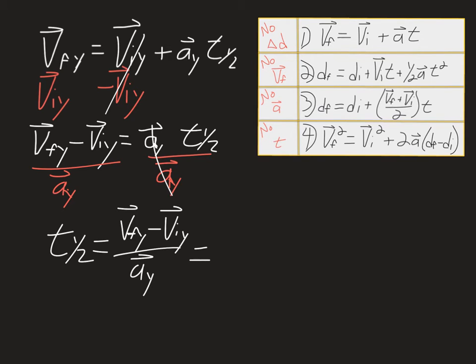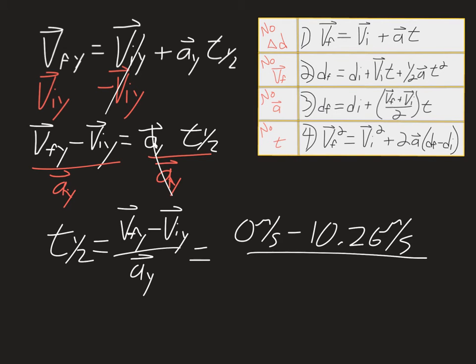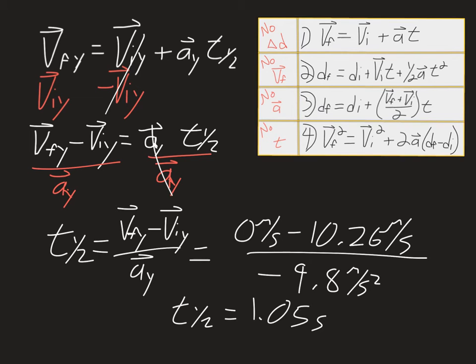Okay, so once I have that, I can put that we have 0 meters per second minus 10.26 meters per second divided by a negative 9.8 meters per second squared. And I'm going to get a t of 1/2, which is equal to 1.05 seconds.